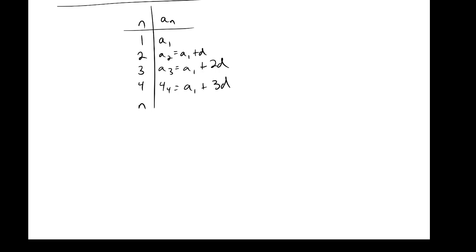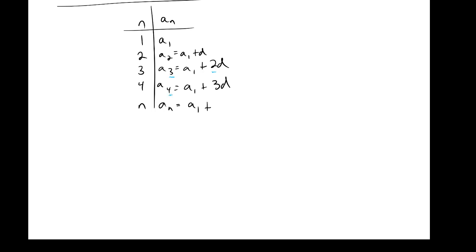But we want this to work for really any sequence, not even just one where we know we're counting by 4s. So it's going to be a sub n. Any term, well, we always start with that first term, a sub 1, but notice what we're doing. When I had a sub 3, I multiplied by 2.